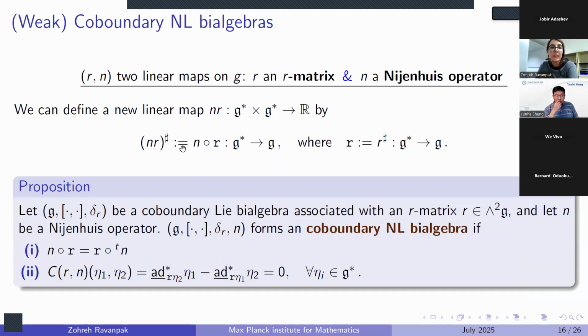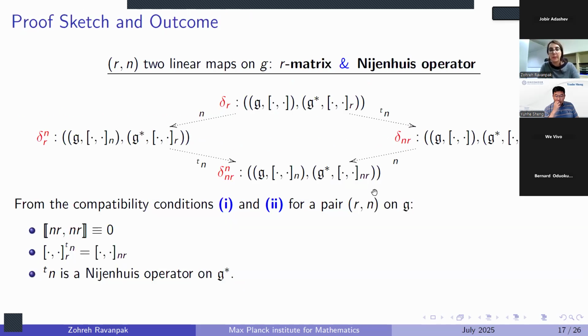This pair defines a covariant NL bialgebra if and only if these two conditions are satisfied. The concomitant is simpler than before, just in terms of the commutators. The picture for the covariant case is captured in this diagram: having an R matrix and a Nijenhuis operator, with those two compatibility conditions, we get a new R matrix.